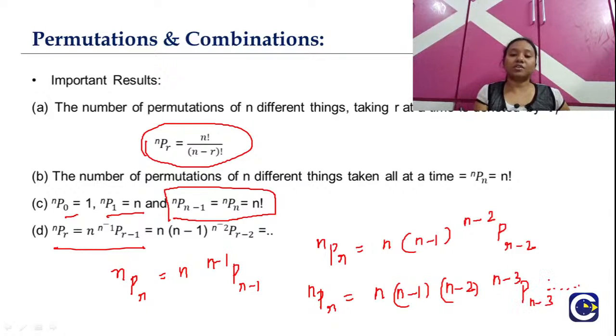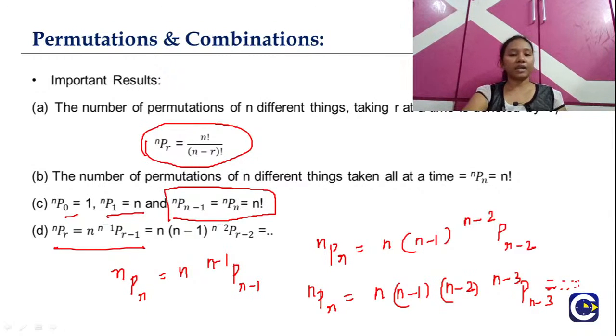Likewise, whatever r value we require, we can continue and write the nPr for that particular r value. So these are some important results related to our permutations concept.